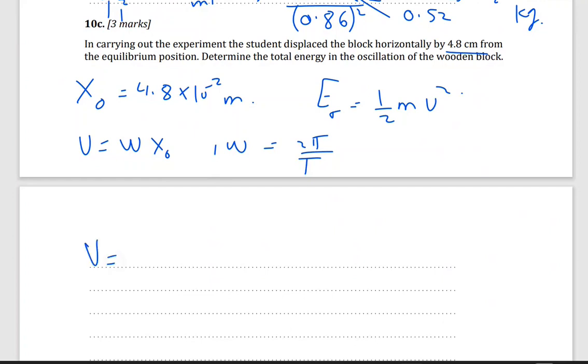So v will equal 2 pi divided by the period, which is 0.74, times the displacement, which is 4.8 times 10 to the power negative 2. And this is equal to 0.41 meters per second.